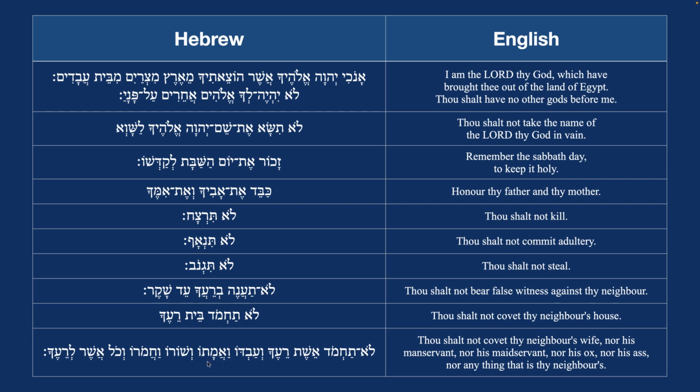Ve'avdo, ve'amtho, a servant or a maid. Ve'shoro, ve'chamoro, this is a donkey. Ve'chol asher lere'echa, all that belongs to your neighbor. Do not covet. Lo tachmod. Okay, that's the text that we have read.